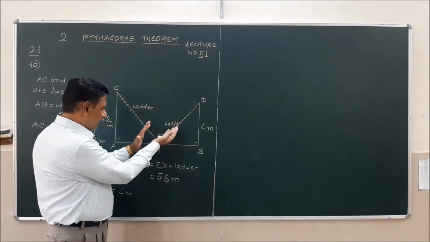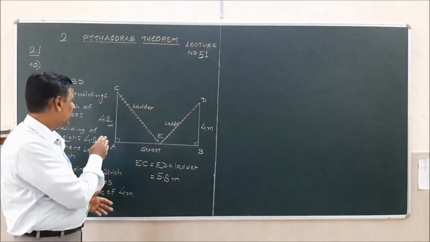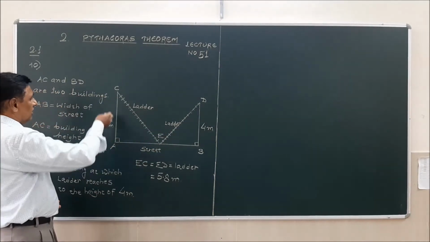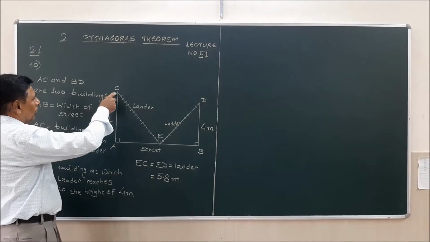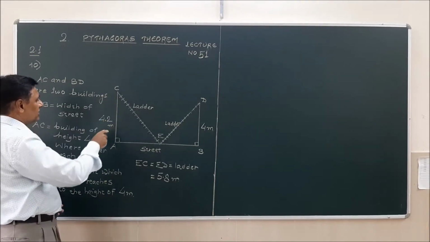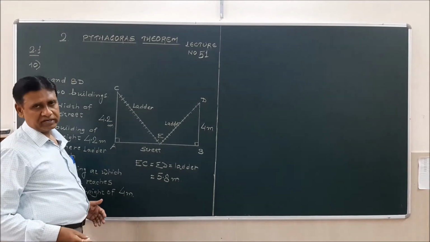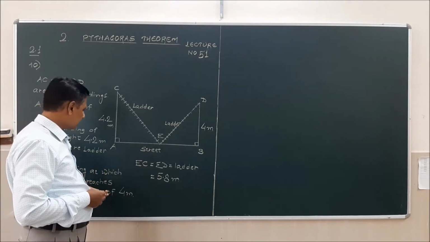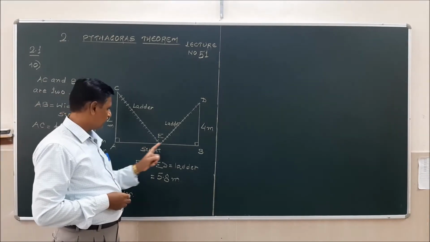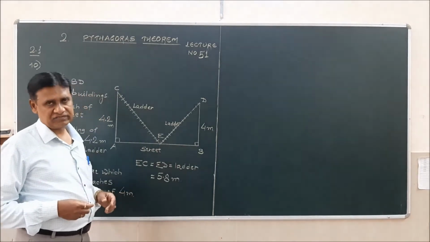The same ladder, if I turn, reaches the window of the first building which is at a height of 4.2 meters. And the question asked is to find out the width of the street.